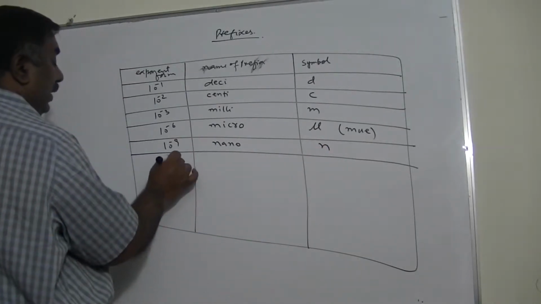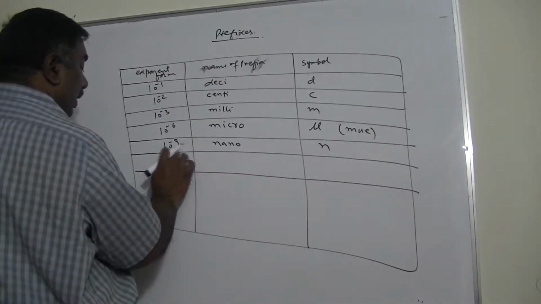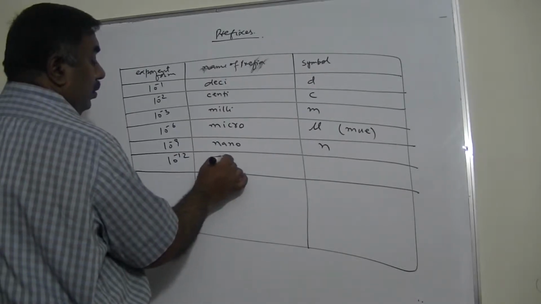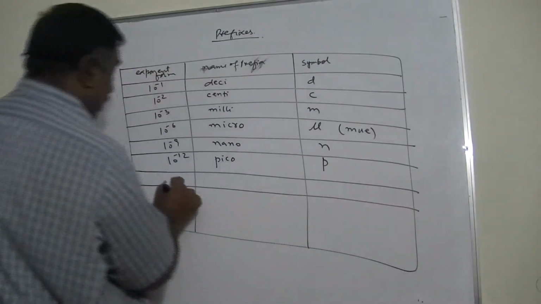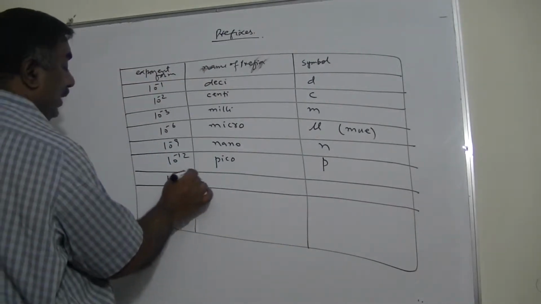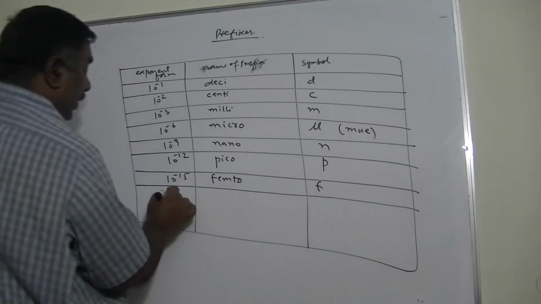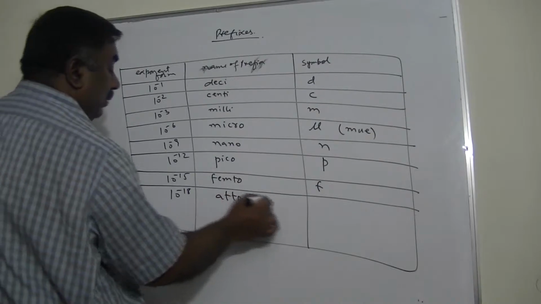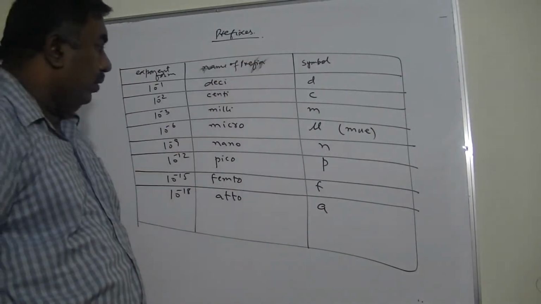Then 10 power minus 12 is pico, small p. Then 10 power minus 15 is femto, small f. Then 10 power minus 18 is atto, small a, or lowercase a. So these are in lowercase.